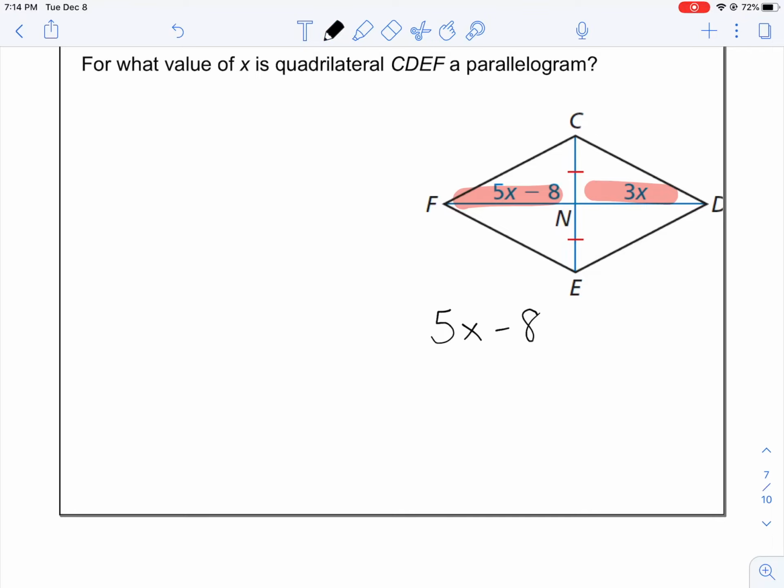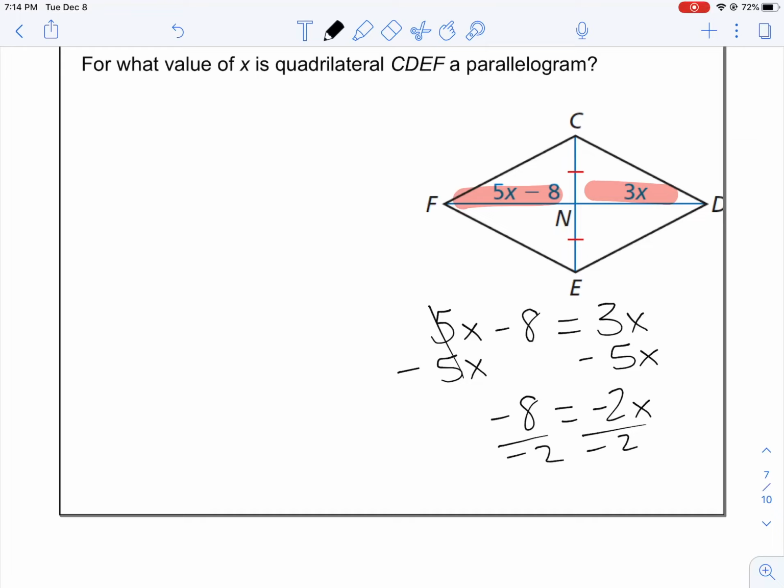So I've got to figure out an x that will make this true. All right, so we've got to move our variables. We've got -8 equals -2x. So then we divide by -2, and x equals 4. And there we go. We're done. Both of our diagonals are congruent, so that means they bisect each other. And since they bisect each other, this is a parallelogram.